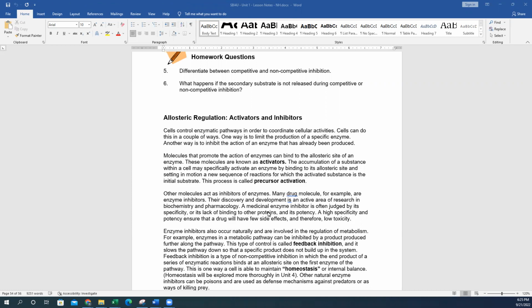And the utility of an enzyme inhibitor is often judged by how specifically it is able to bind to its target location. So its specificity, or sometimes the lack of its specificity of being able to bind to other proteins, and also its potency. How potent is it? How strongly does it bind?